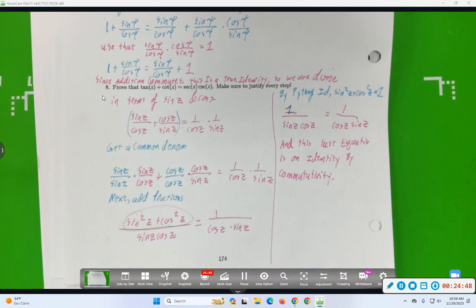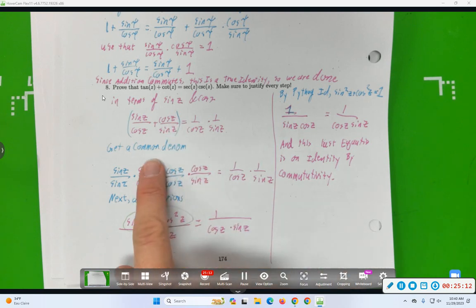Let's do that. The next step, we've got a common denominator.